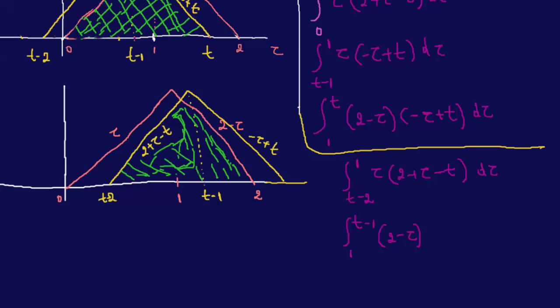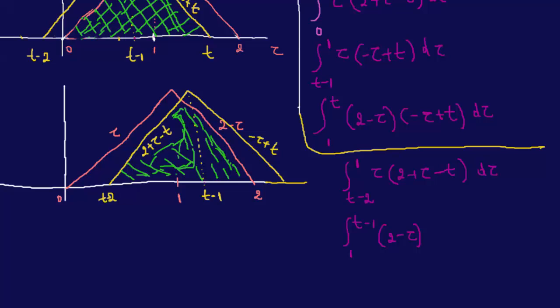The yellow one is our h of t minus tau, and the pink one is our x of tau. Forget about this part because it's not underneath that region. The only thing you have in that region is 2 minus tau.